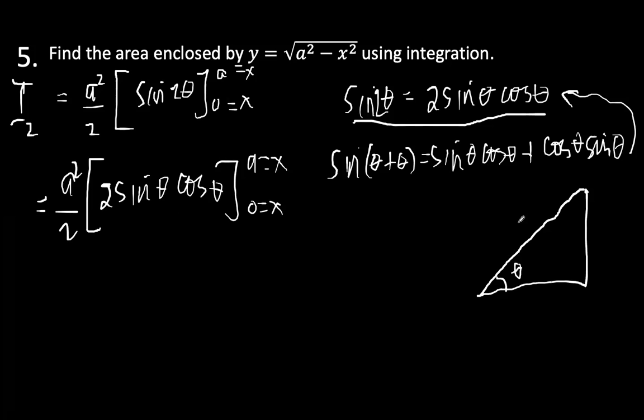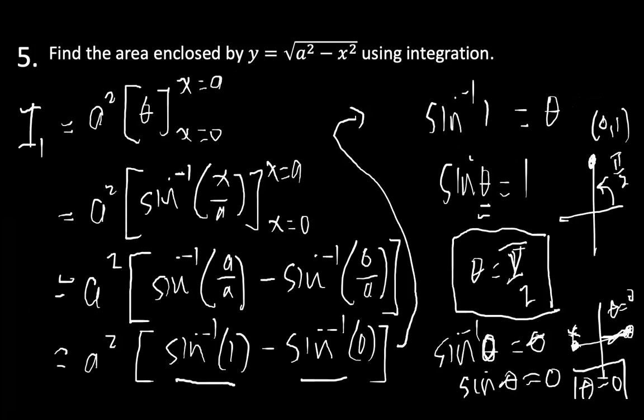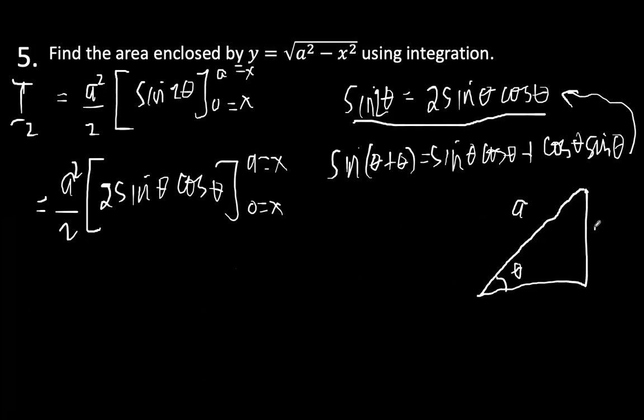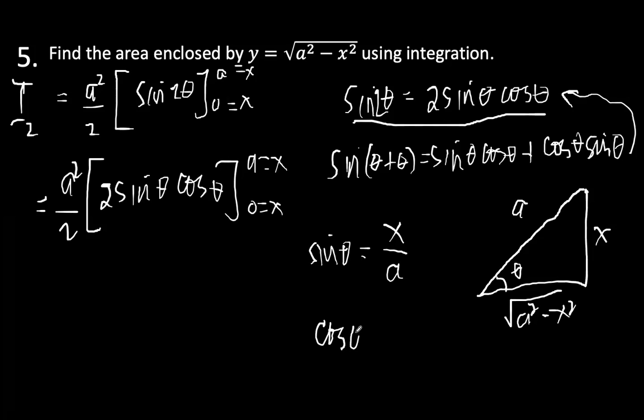So this is theta. Okay, let's review the triangle. The sides are a, x, and this is the square root of a square minus x square. All right, so let's solve. Sine theta is equal to opposite over hypotenuse, so x over a, and cosine theta is equal to the square root of a square minus x square over hypotenuse a.